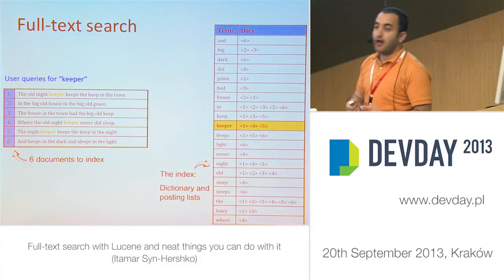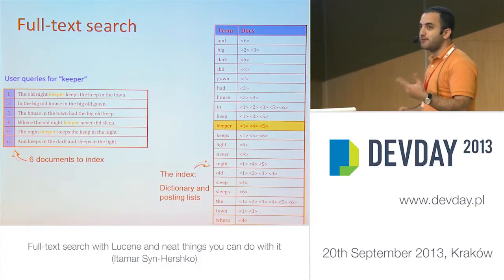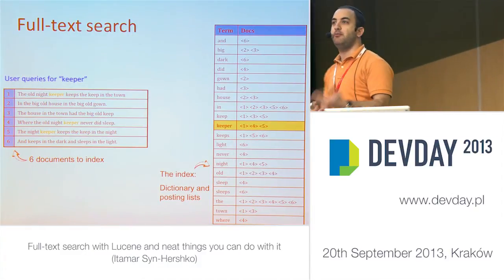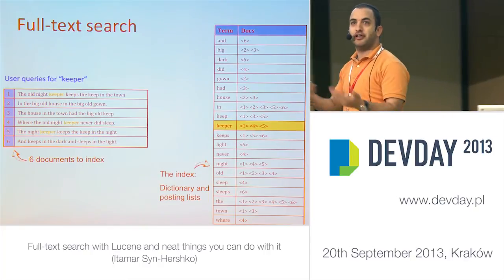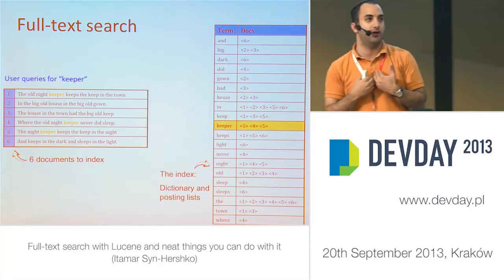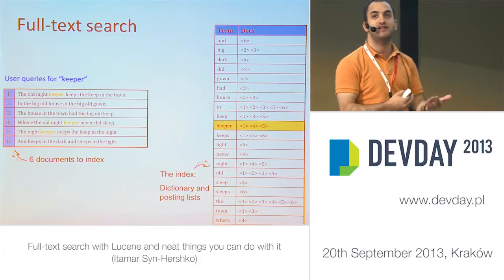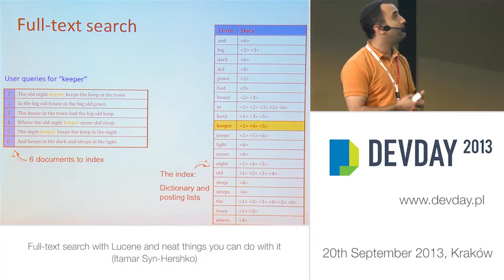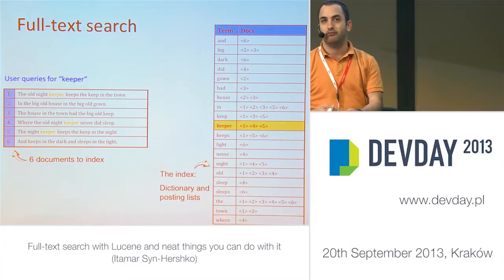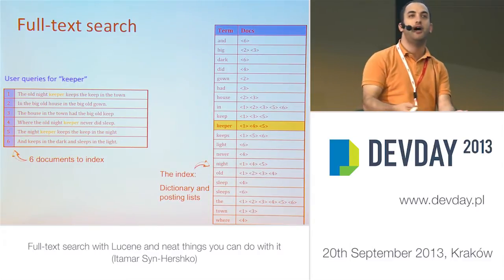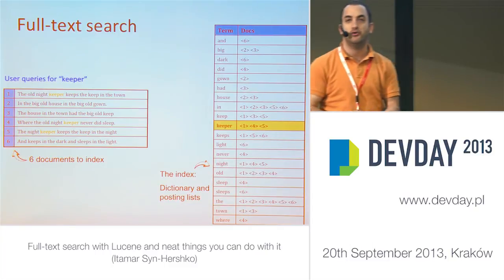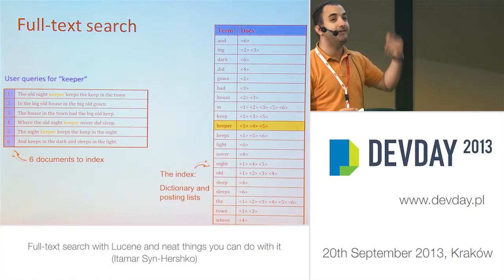I have keep and I have keeps, and I only found keeper. For the context of my data, keeper, keeps and keep might have the same meaning. I would want to find those words as well when the user searches for keeper, but I didn't.